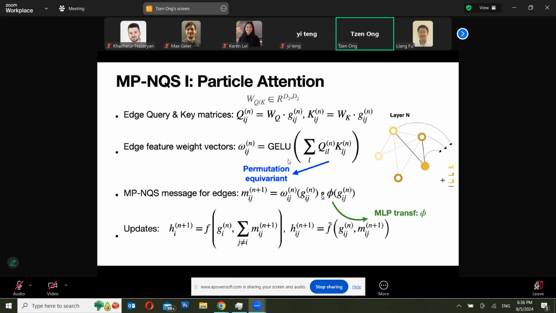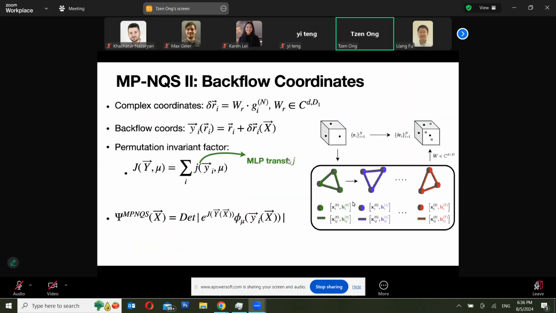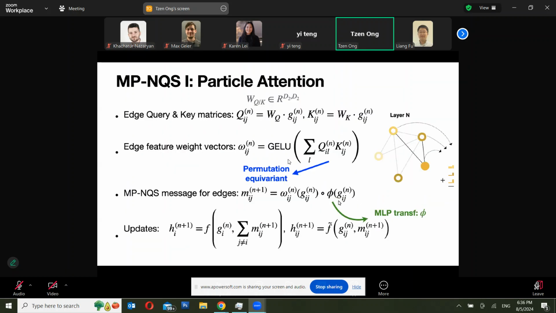First they feed gij into another neural network to do some linear transformation, and then you end up with a vector of this feature length. Then you construct omega ij, also a vector of the same feature dimension, and they do element-wise multiplication.